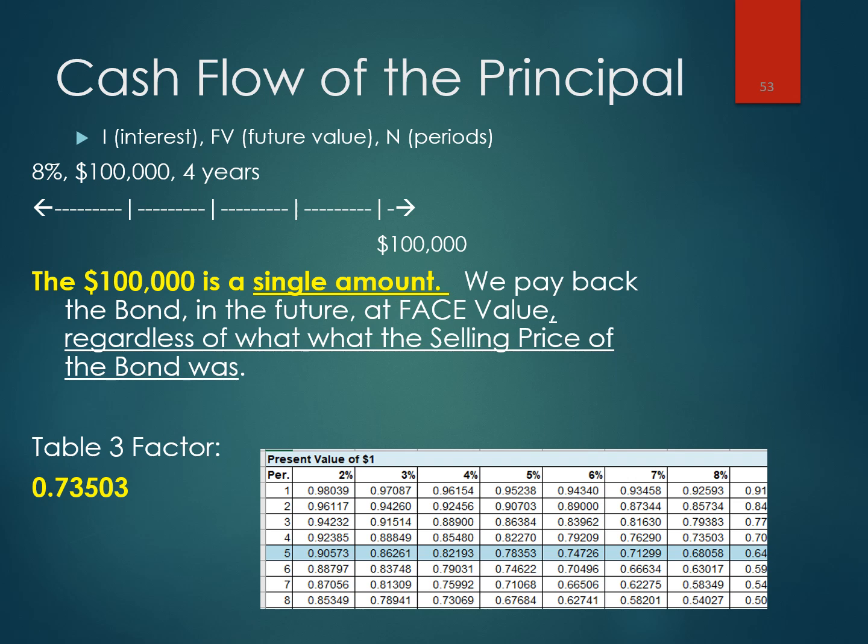We're going to show you that when the market is 8% and the bond is 8%, the selling price of the bond will also be $100,000. That's a single amount and it's present value, so we're going to go to table 3. We look at the intersection of 8% and 4 years, and we get 73503. You can see it right there.